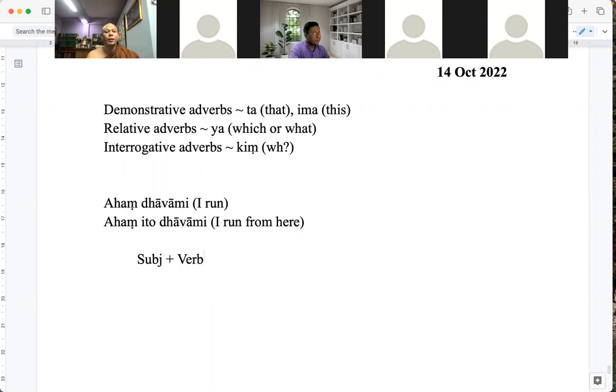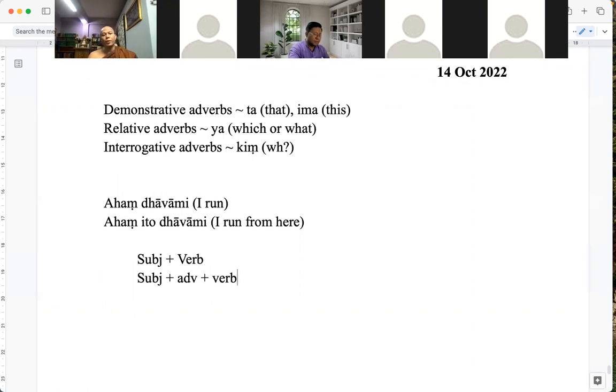Okay, subject and verb. So now we use the adverb: subject, adverb, and the verb.